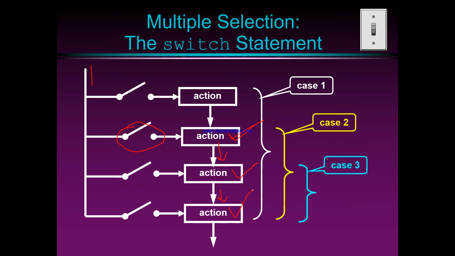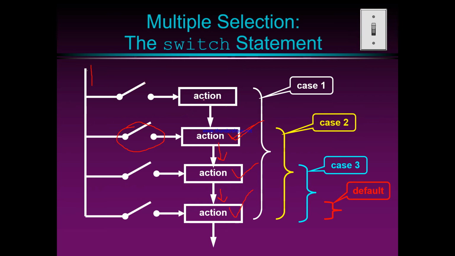So all the actions just below case 2 will be performed, that is case 3 and also the default statement, which is the last one. Similarly for case 3 and the default as well.